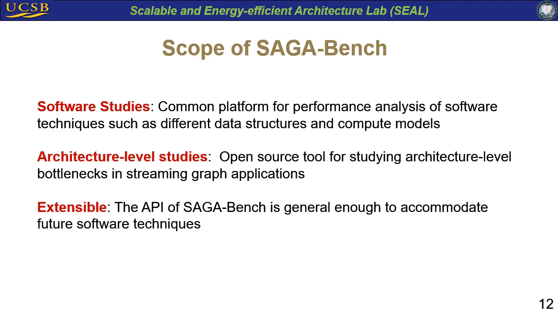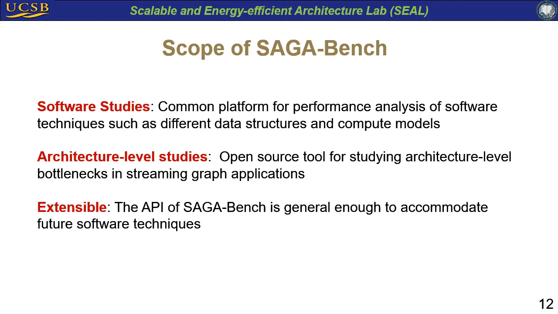SAGA-Bench has a wide scope and can be used for multiple purposes. It can be used for software studies because SAGA-Bench provides a common platform for the performance analysis of different software techniques such as different data structures and compute models. It can also be used to perform architecture level studies.